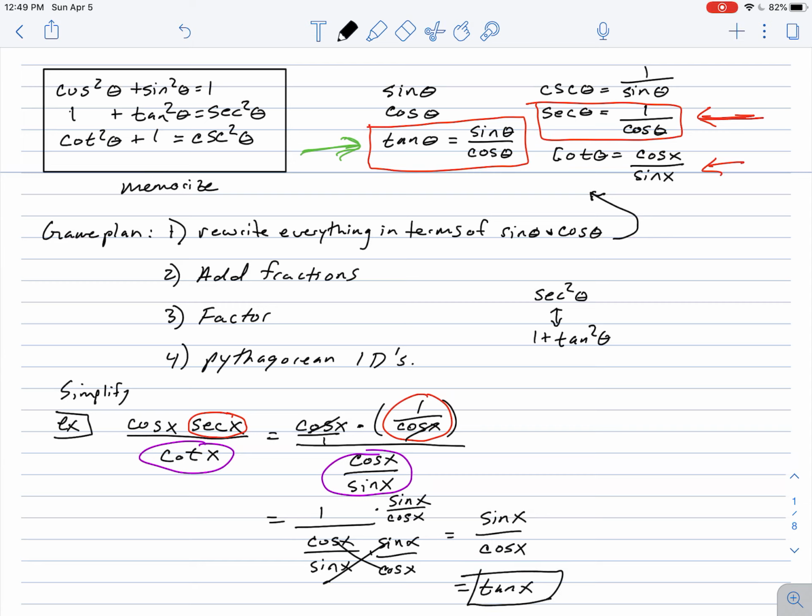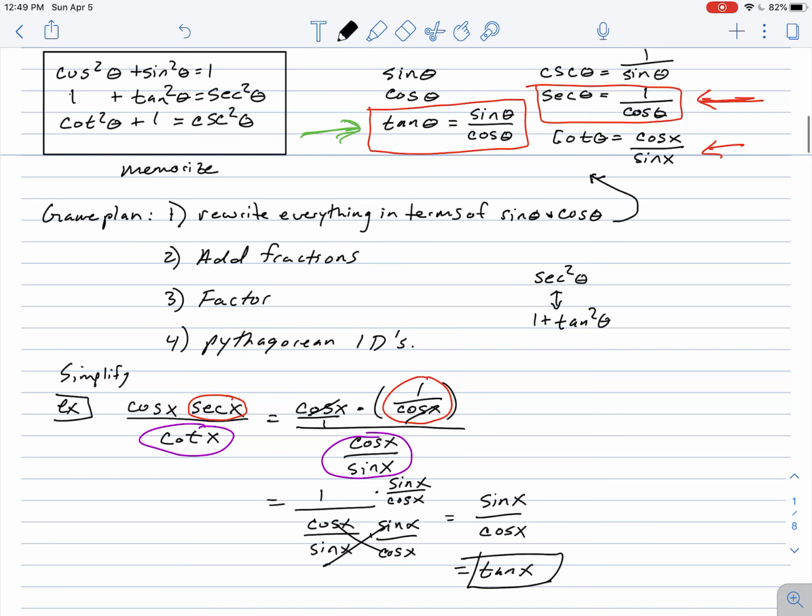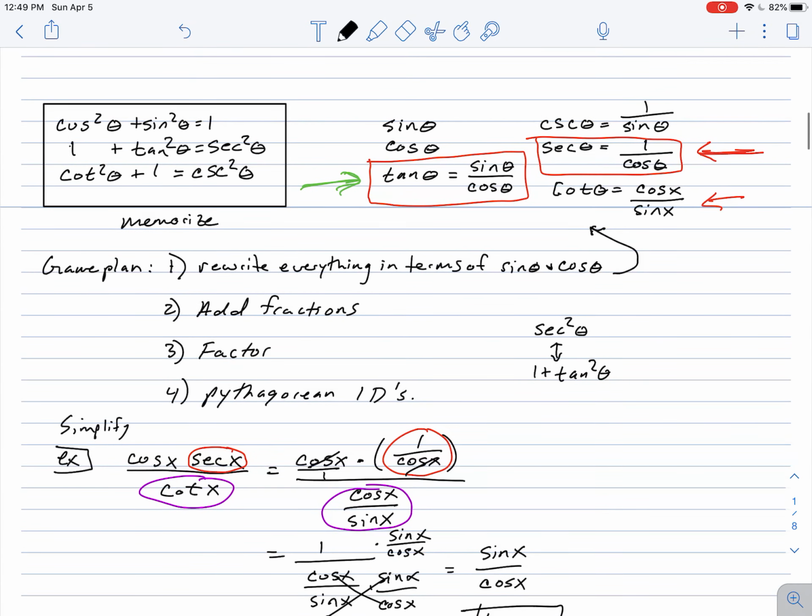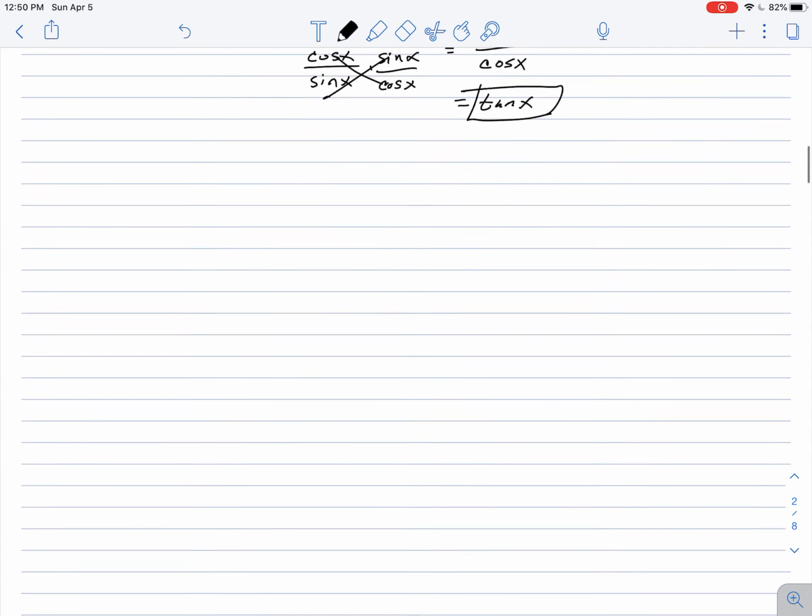Typically when you get down to one trig function, it's done. Okay, so that's how the idea of number one works. I'm going to walk you through an example of each of these ideas, and then when you're approaching your homework, you will have seen each of them. So let's do another example. I'll just scroll back up if we need the formulas, okay?